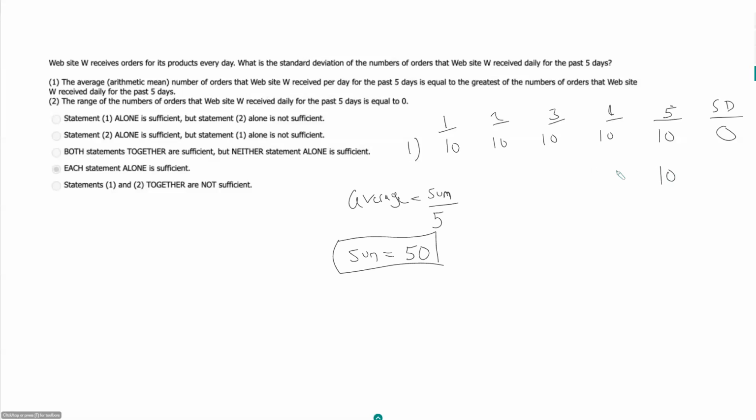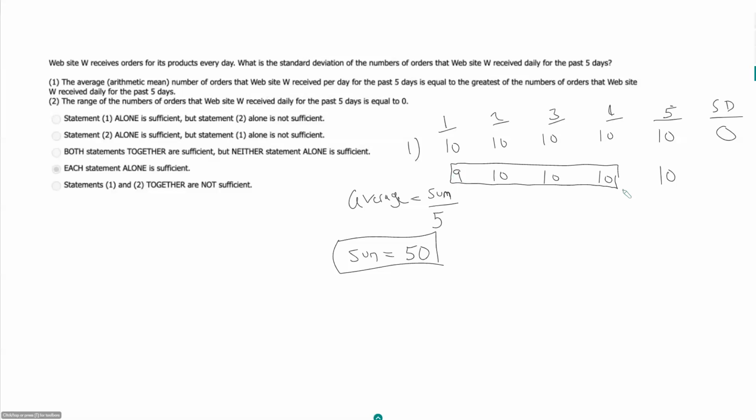Is it possible for these 4 days to sum to 40 without going over 10 for any of them and without making them all the same, which would all be 10? Even if I say this day is also 10, this day is also 10, this day is also 10, I can't make this day 9 because that wouldn't sum to 40.